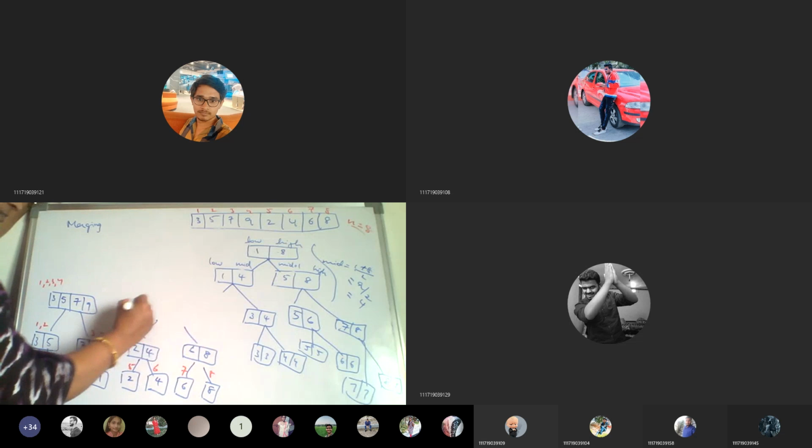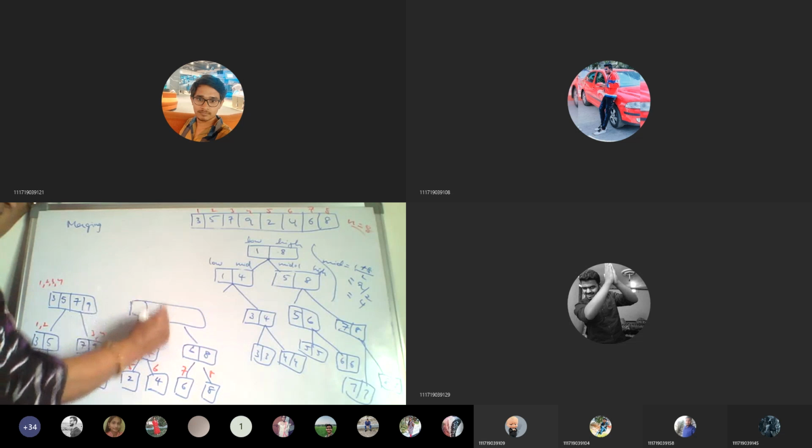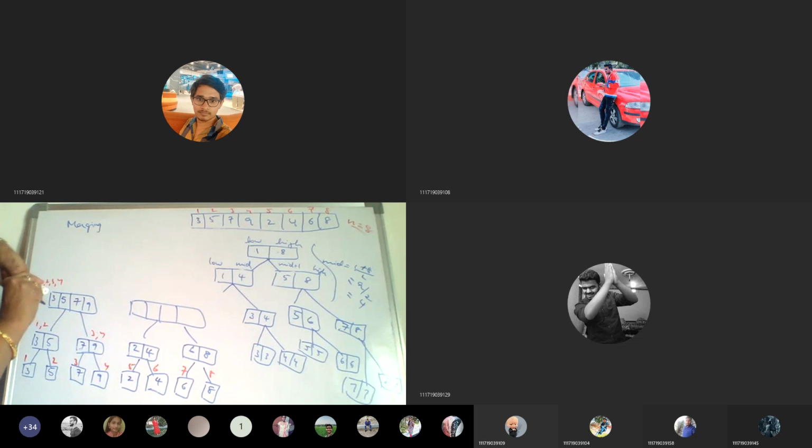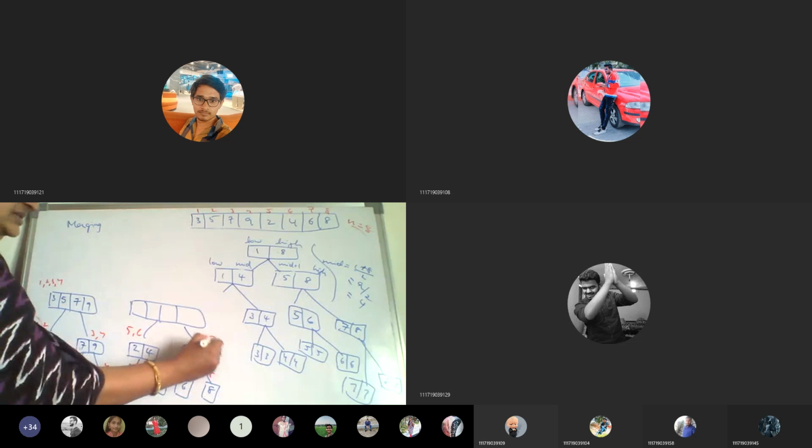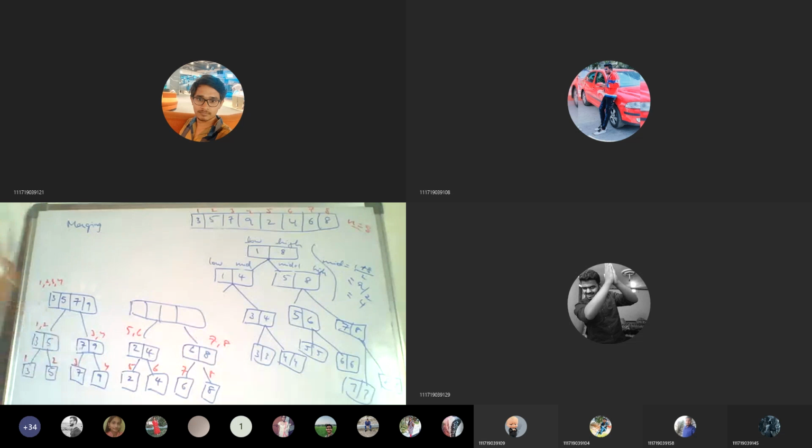Among these two, what will happen? This is the 5, 6 list, and this is the 7, 8 indices values. When comparing, 2 and 6 are compared, so 2 is smaller and the pointer moves. 4 and 6 are compared, so 4 is smaller. This sublist pointer reaches out of bounds, which means h is greater than mid.